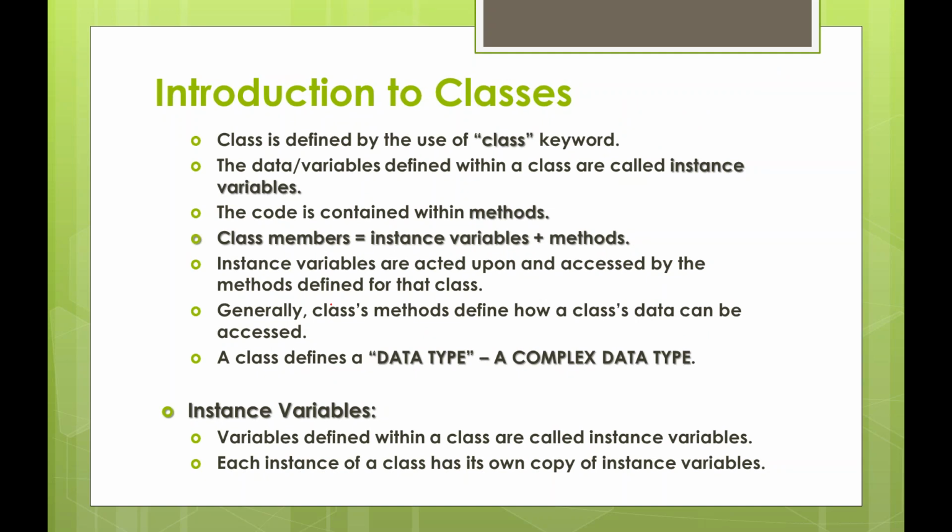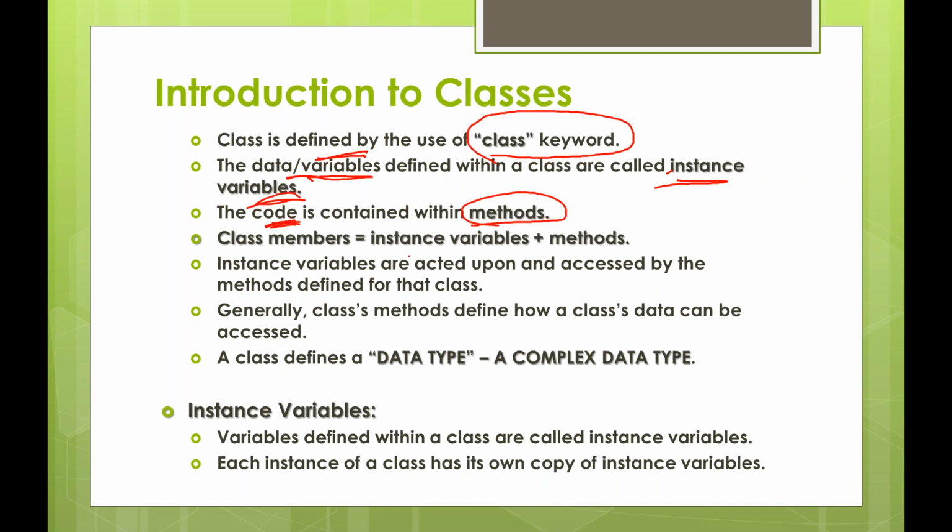The same thing, whatever we have discussed, I have put in points here. As you know, we use the class keyword to define a class. It can have data, which are nothing but variables, called instance variables. We will see why they are called instance variables. Any code that you write is inside the methods.